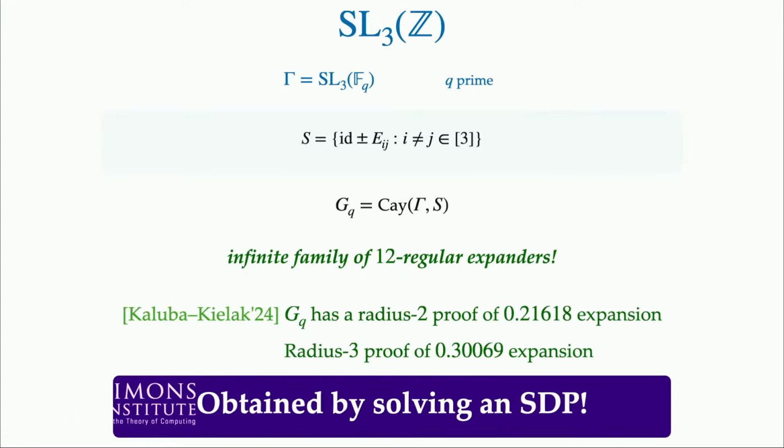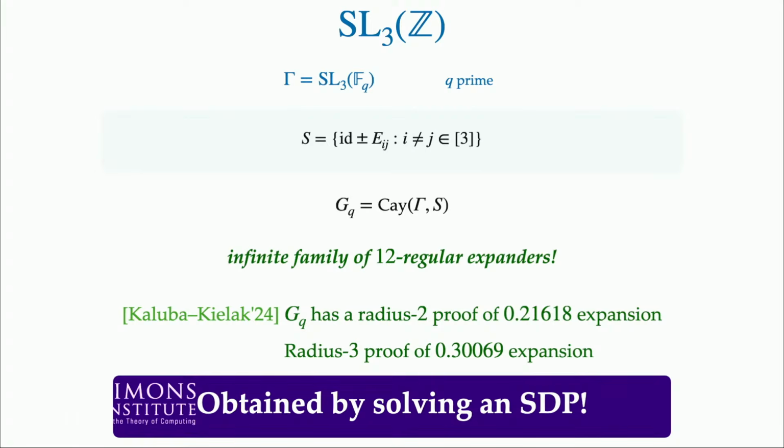And amazingly, the best bounds that we know on the spectral gap are actually obtained by solving a semi-definite program. So you literally set up the semi-definite program from a few slides ago and solve it on a computer. It's a dimension 121 by 121 program, and that'll tell you that the expansion is about 0.21618.